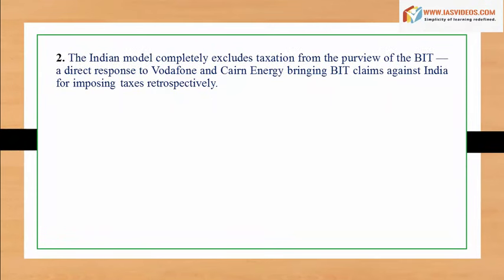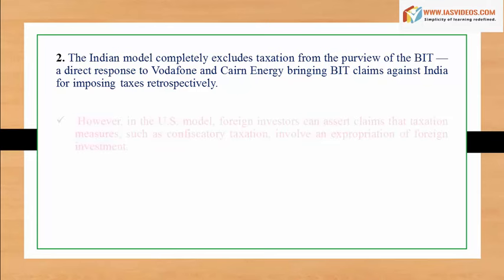2. The Indian model completely excludes taxation from the purview of the BIT, a direct response to Vodafone and Cairn Energy bringing BIT claims against India for imposing taxes retrospectively.